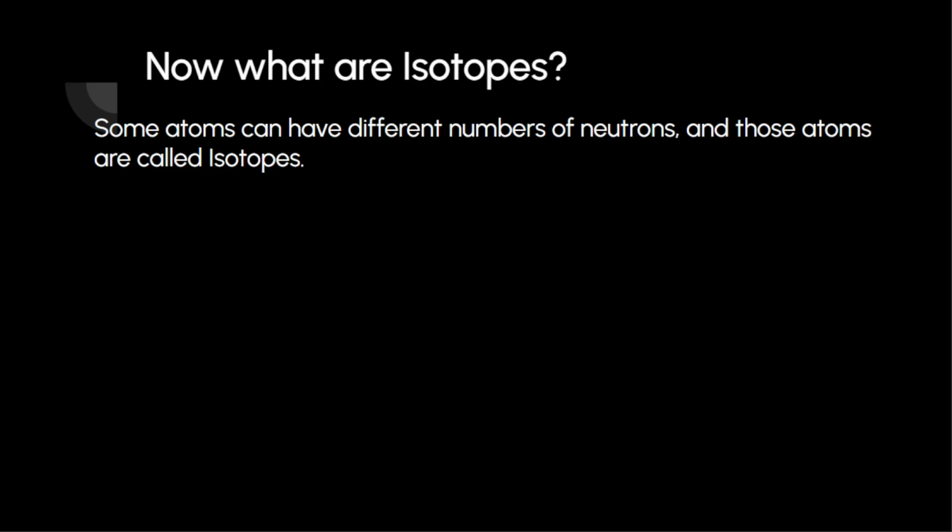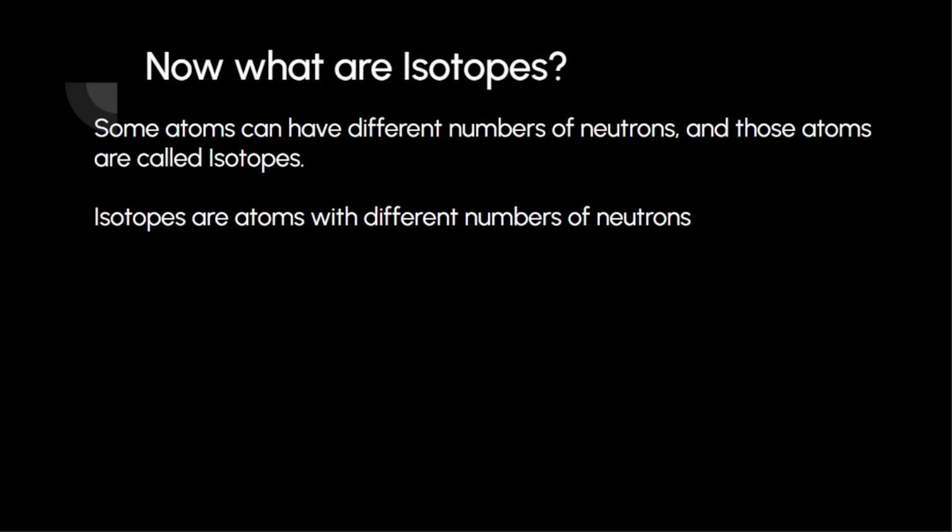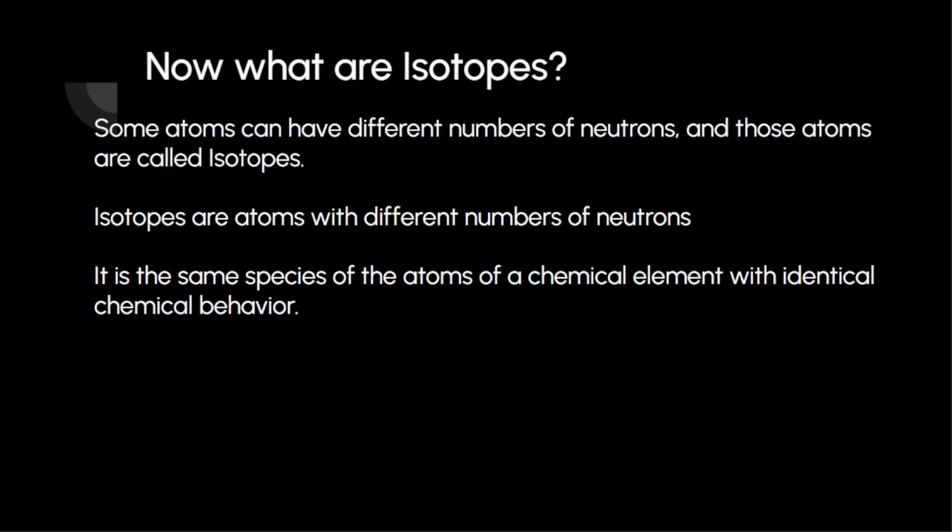Iso means same, and topes is like place. So it's the same place on the periodic table. It's the same element, but they're not the same. Isotopes are basically just atoms with different numbers of neutrons.